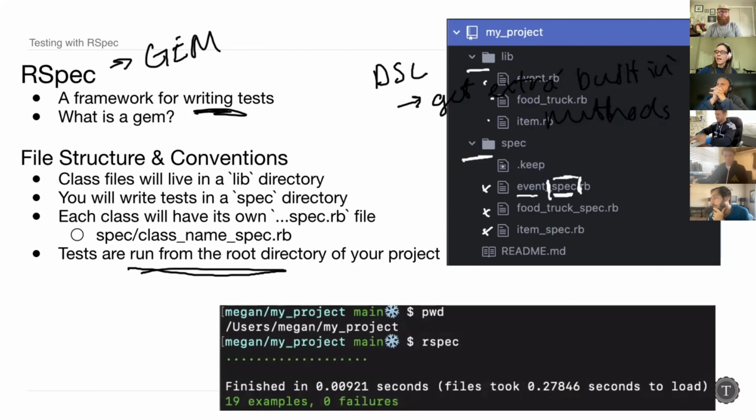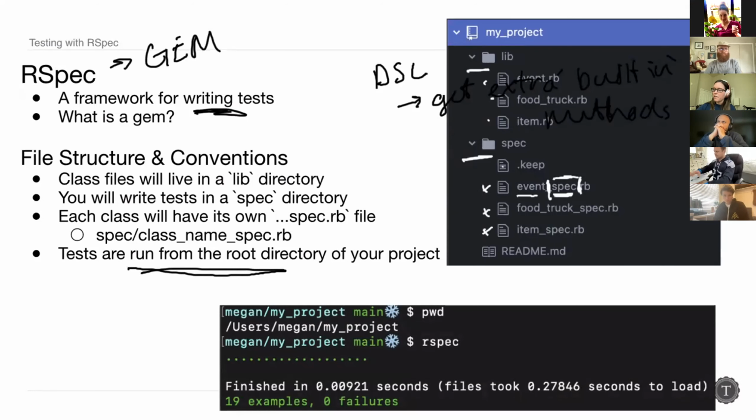So if I'm in my project, I'm going to run my tests in the root project of that directory. So if I pwd, if I see where I am, I should be at the root level of that project, not in my spec directory.